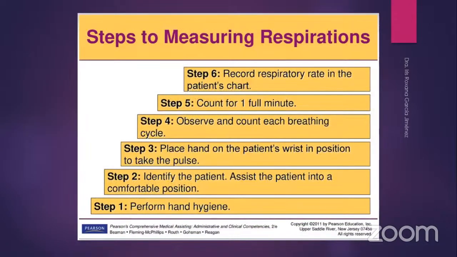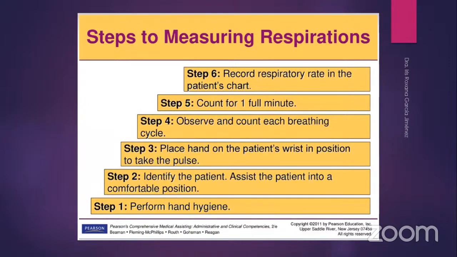The steps to measure the respiratory rate, or the respirations, are general, of course. Again, the hygiene, we identify the patient, and we assist the patient into a comfortable position. We must place the hand on the patient's wrist in position to take the pulse, as a distraction.